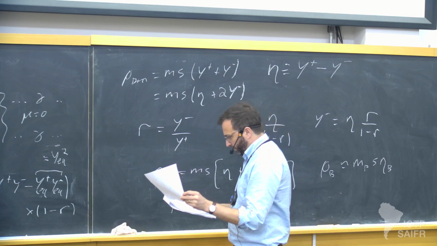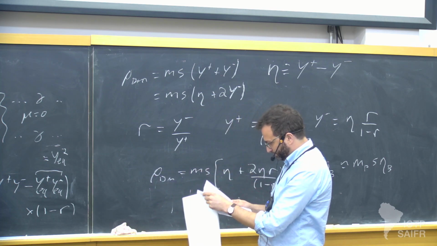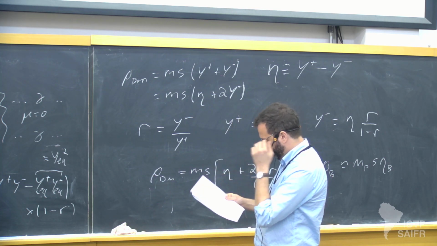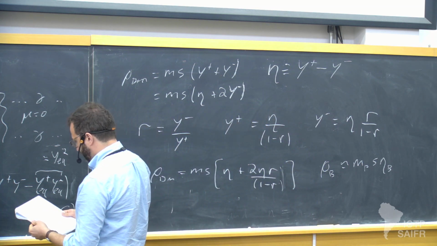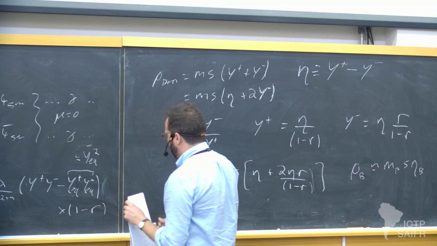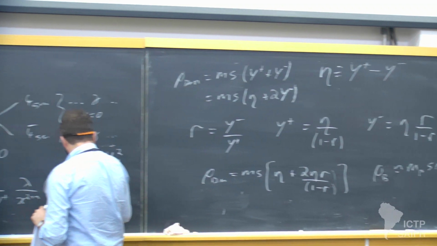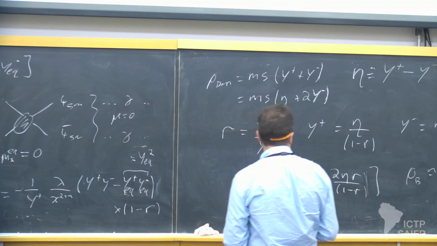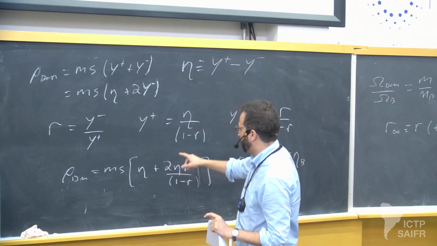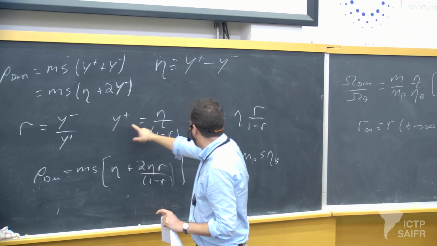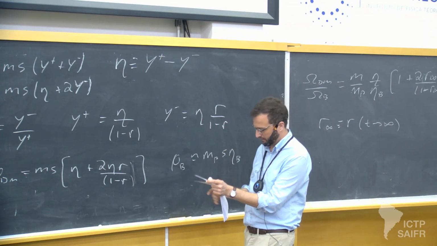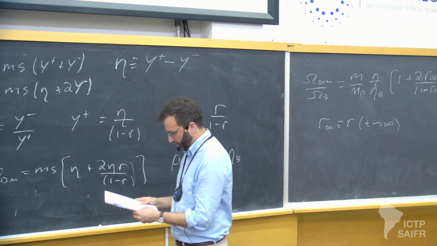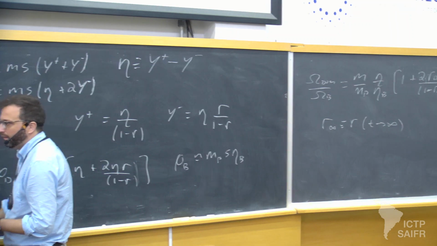Then what you want to do is now rewrite this equation, substituting in here for y plus and y minus in terms of eta and r.